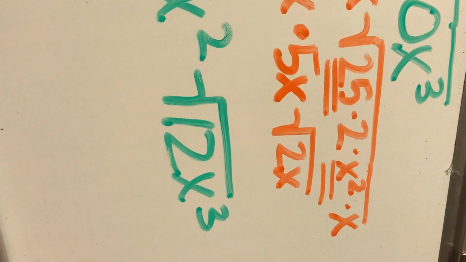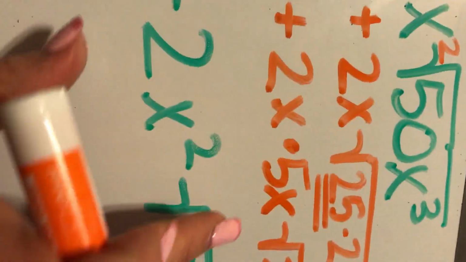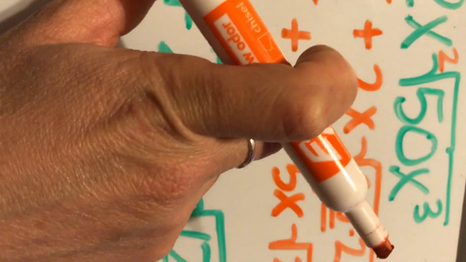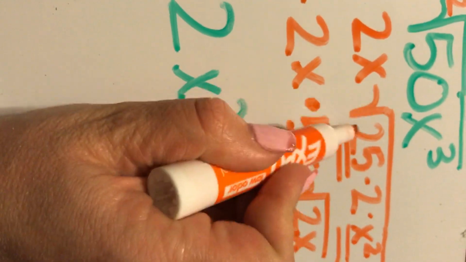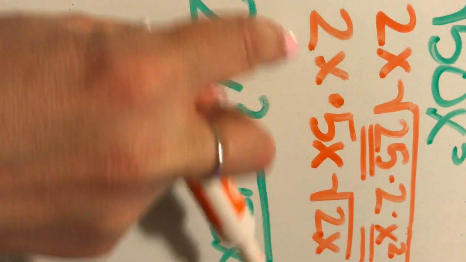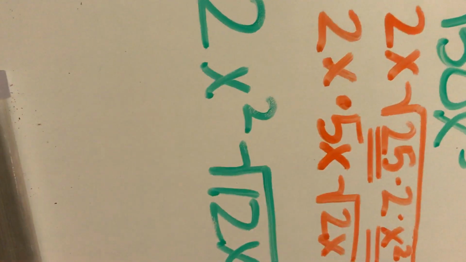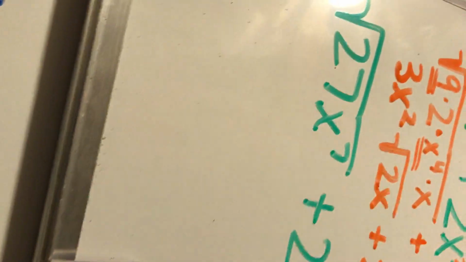All right, so now what we said is that since this was being multiplied by what's in the radical sign here, we have to multiply these two together. I think I'm going to need a little bit more space here.